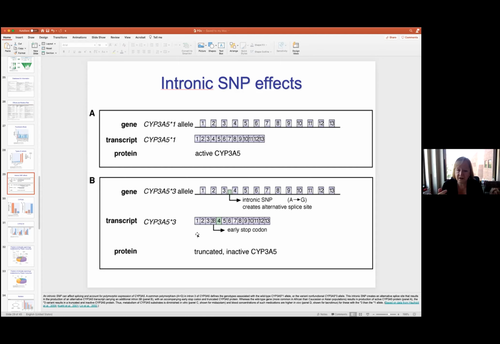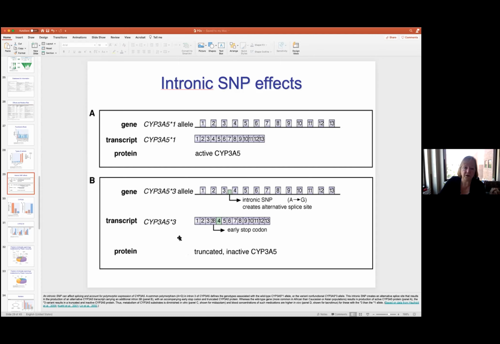And you can tell that it's a frame shift because in this star 3 allele, the sequence ends up with an early stop codon in exon 4. So the rest of this protein's not made, and the part that is made is degraded. You end up with a truncated, inactive CYP3A5.